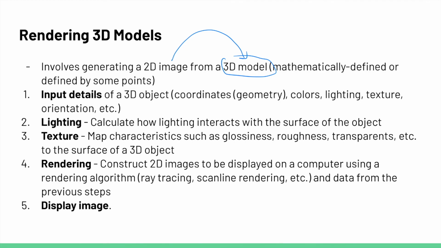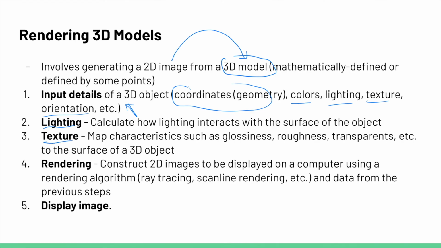Now, some of the steps in rendering 3D models involve first inputting details of a 3D object. So these are geometric coordinates, colors, lighting, texture, and orientation of a 3D object into a computer. Next, we want to deal with lighting. So we want to calculate how lighting interacts with the surface of the object. So how lit up is that object going to look, and where is it going to look lit up?